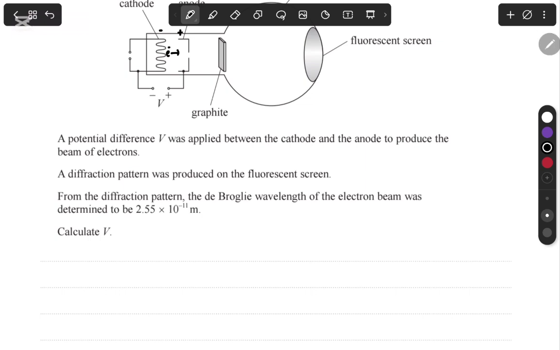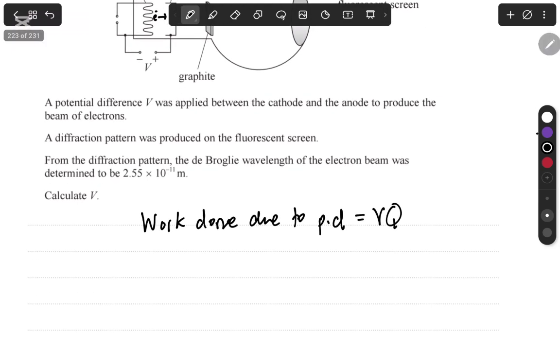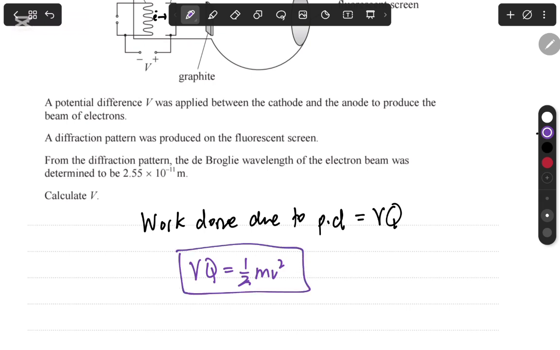That work done results in the gain in the kinetic energy. And work done due to the potential difference is equal to the voltage times the charge, or the potential difference times the charge. And that will be equal to the gain in the kinetic energy. Okay? So I hope this first formula is clear.